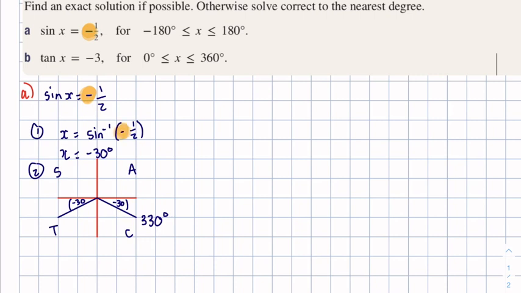So we're down here and down here, and this angle is 180 plus 30, 210. So x equals 210 degrees and 330 degrees.